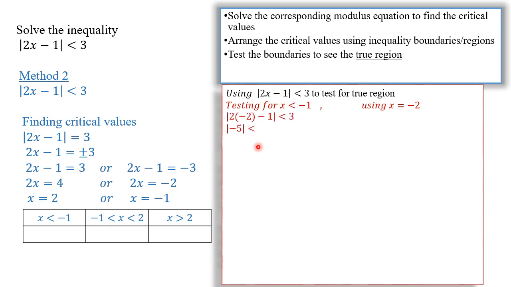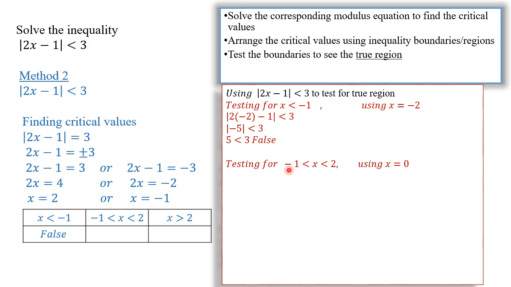So we are going to have modulus of negative 5 is less than 3 here. So the absolute value here just becomes a positive. So it's 5 less than 3. So 5 less than 3 is a false statement. So which makes this region false. Then we go to the next one here.